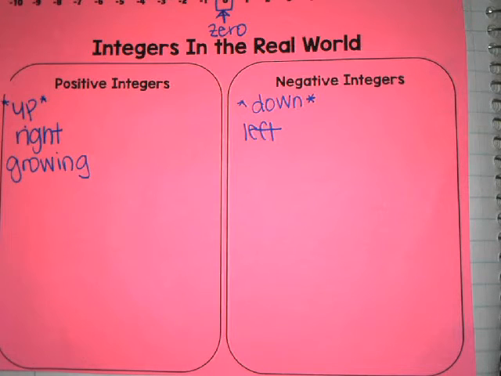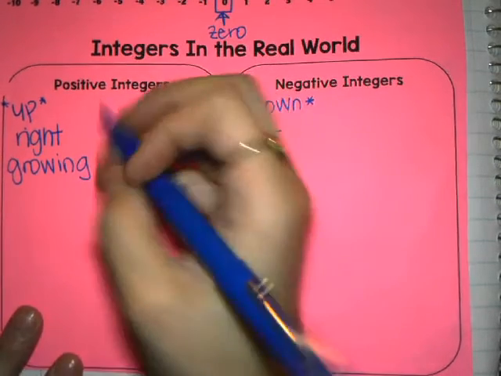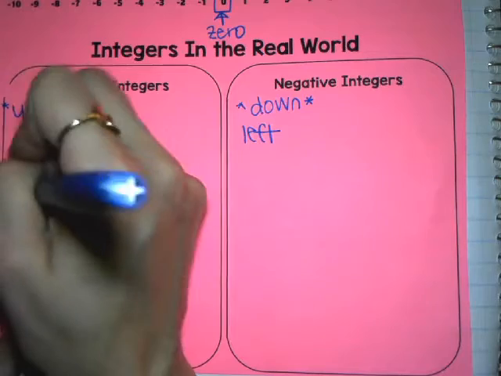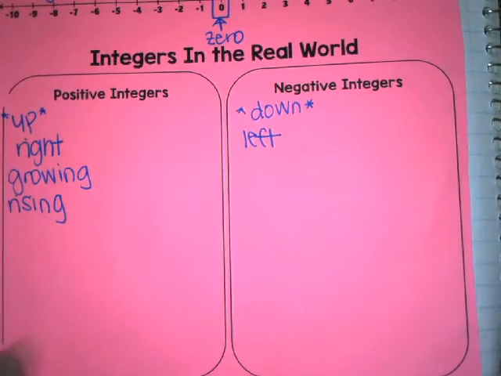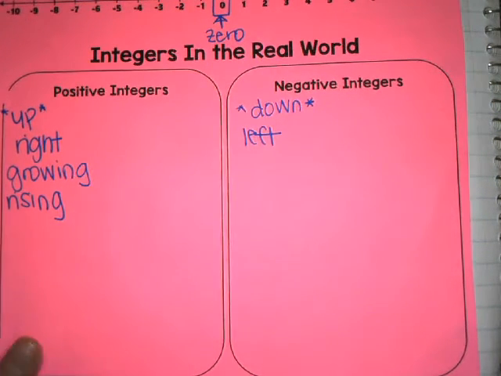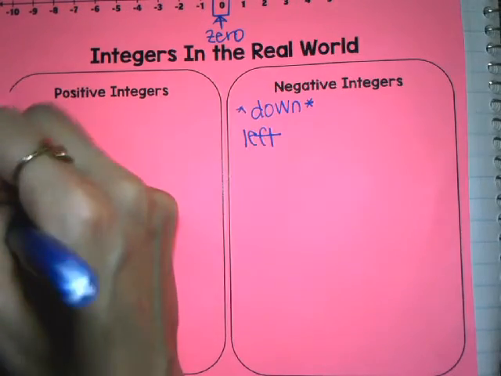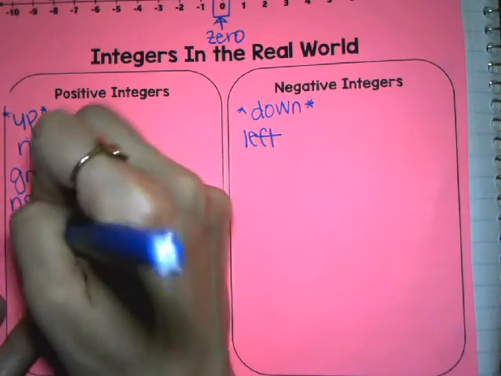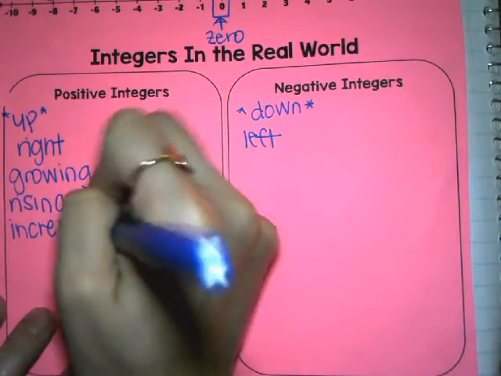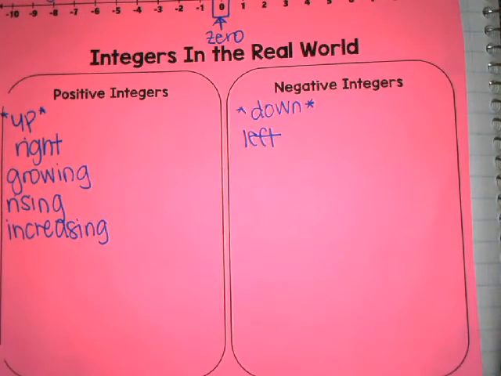Okay, what else could be a positive integer? Something going up. Rising.